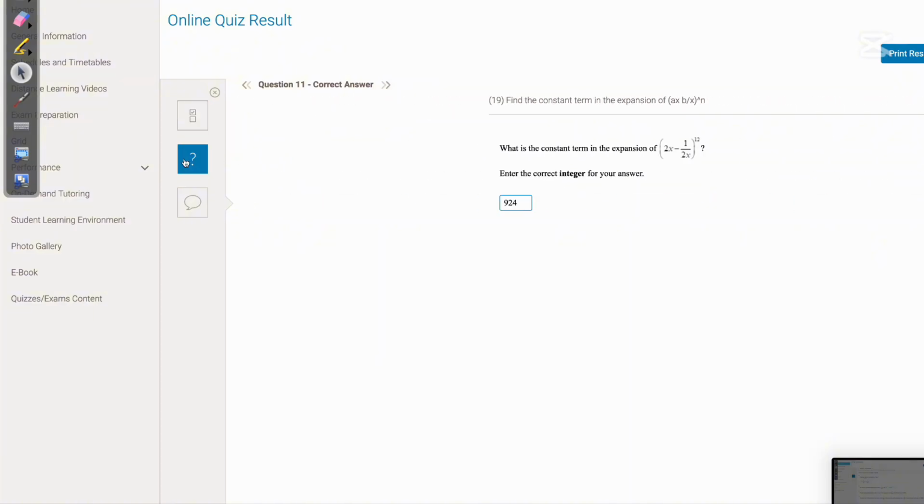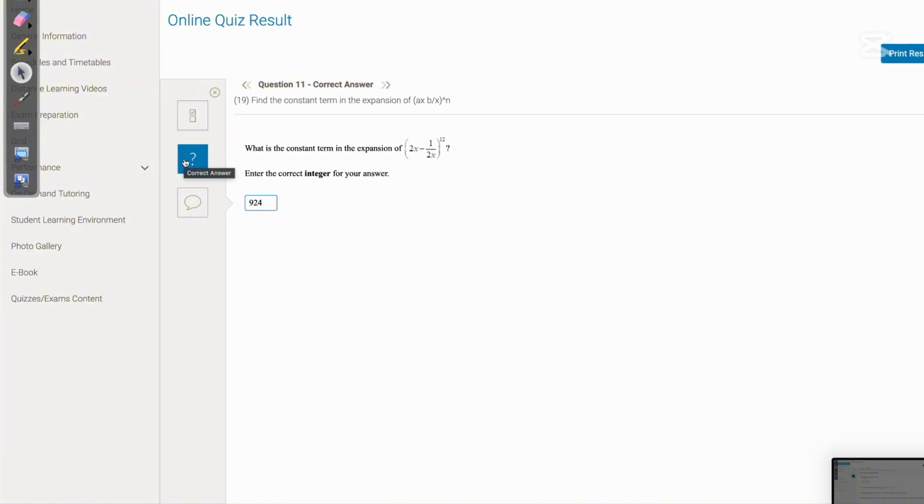Number 11. What is the constant term in the expression? So for this question, I'm going to split it.